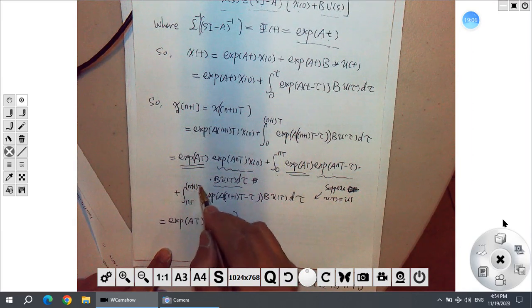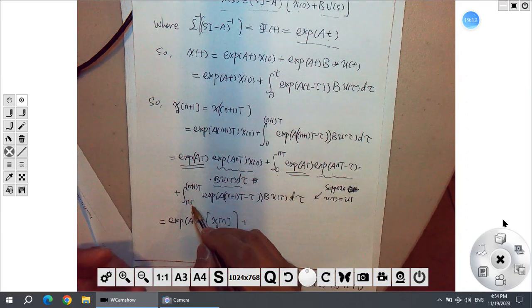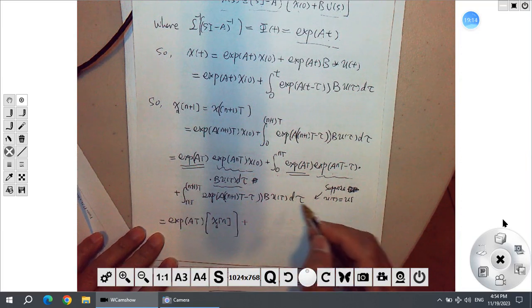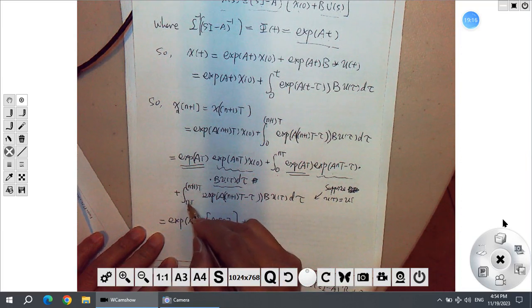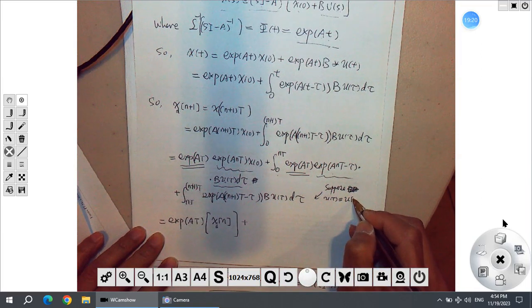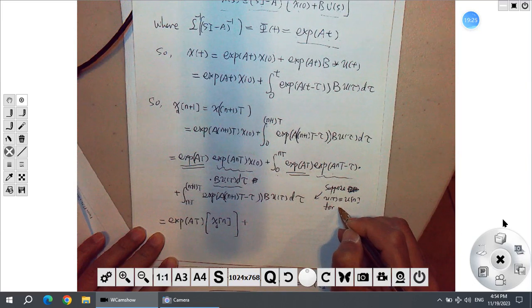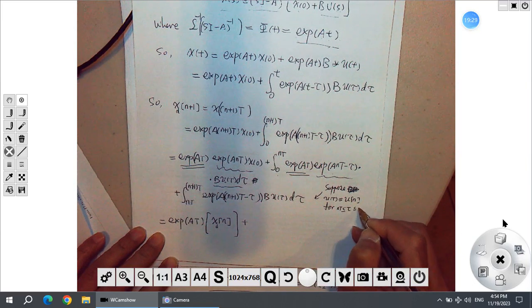The new input is given at this point. So from nT to here, we can think we use the zero-order hold. We just use u(nT) for the whole interval. So this one is just u(n) for nT smaller than τ, smaller than (n+1)T.